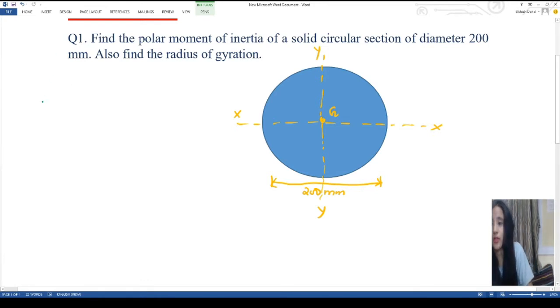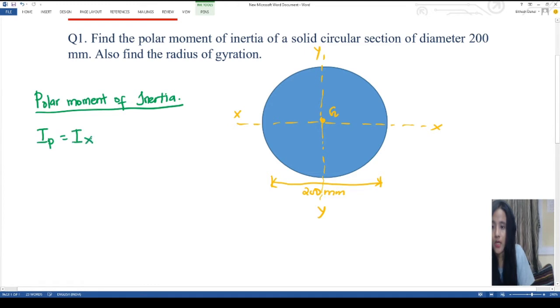So the first one, let us find the polar moment of inertia. It is denoted by IP, and its formula is Ixx, which is the moment of inertia about the x-axis, plus the moment of inertia about the y-axis.